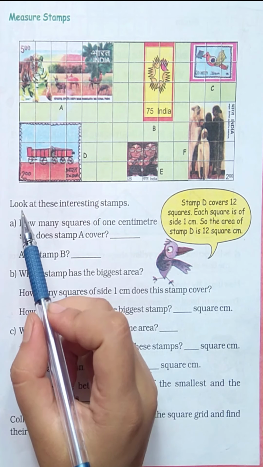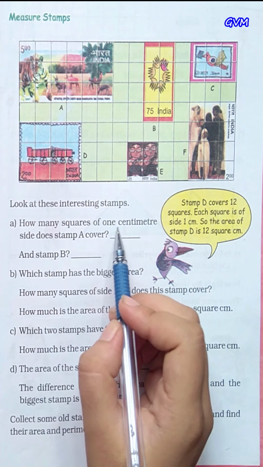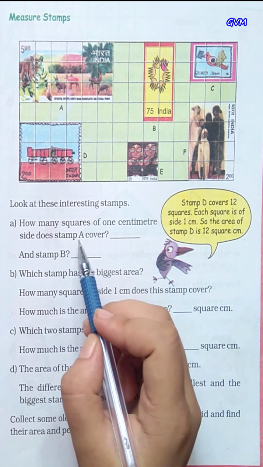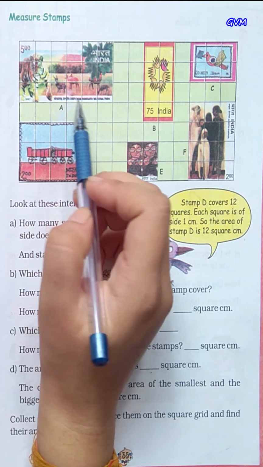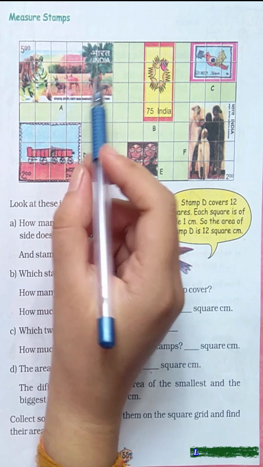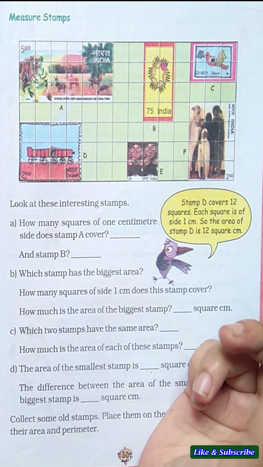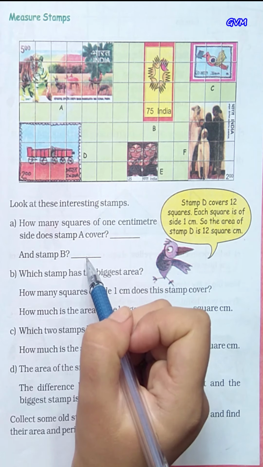Now let's come here. Look at these interesting stamps. How many squares of 1 centimeter side does stamp A cover? We found that stamp A was covering 18 squares, so you will write here 18. And stamp B is covering 12.